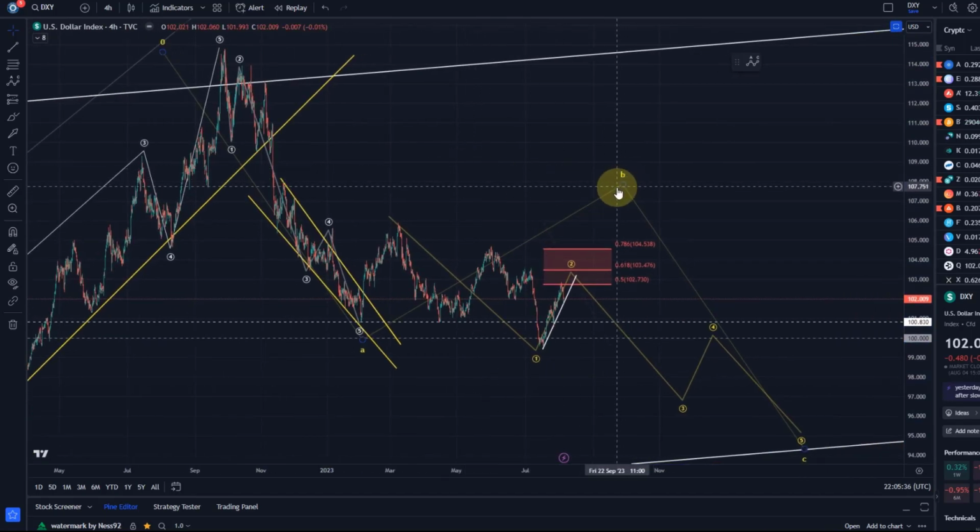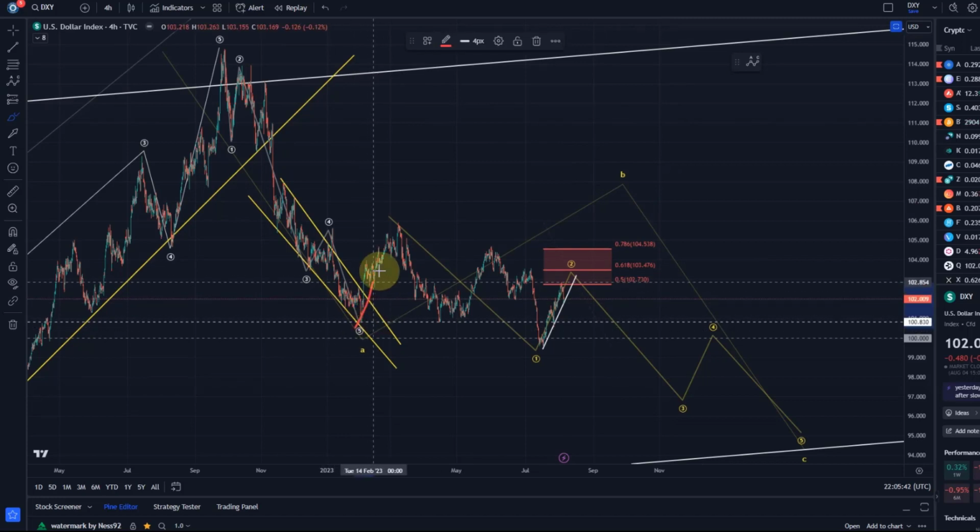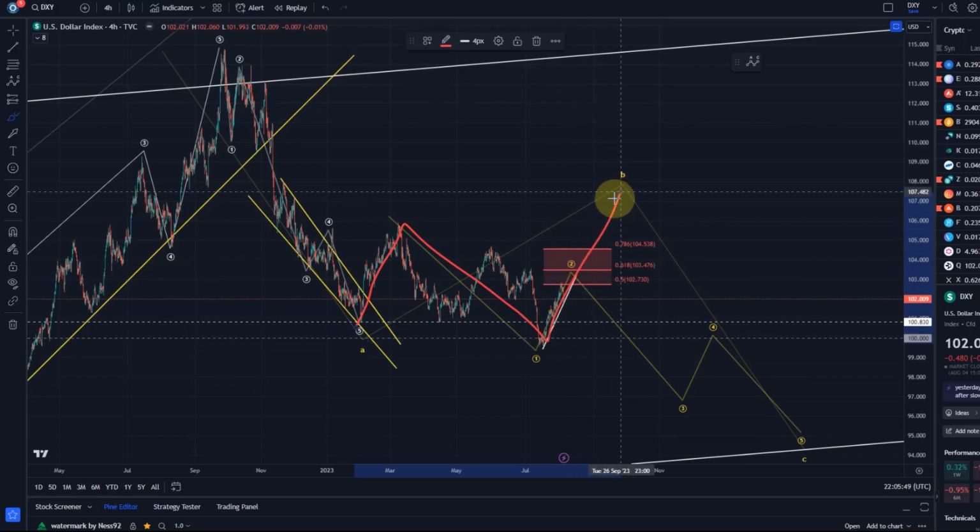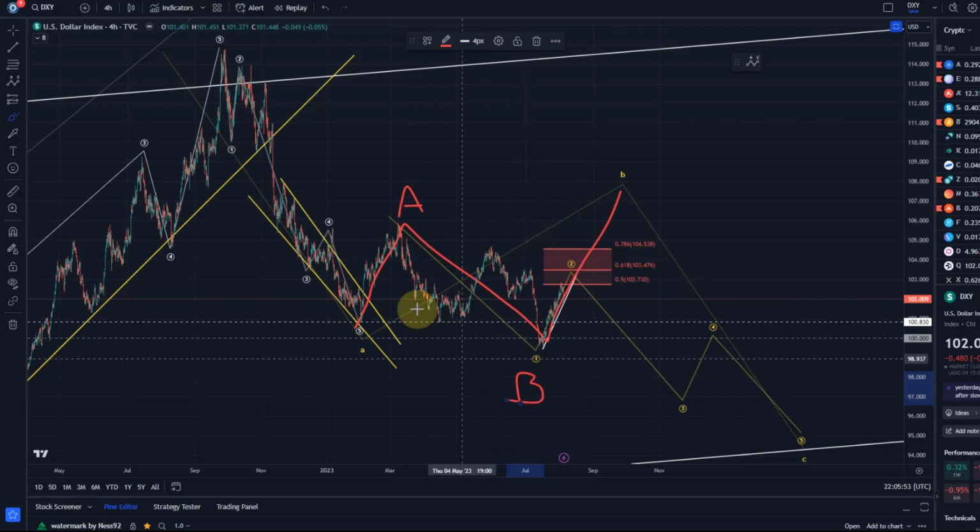In the second scenario, and that's also not unlikely, it's actually a fairly likely scenario, we're watching for a higher B wave in a flat structure. So that would assume that the actual B wave consists of an A wave, a B wave which did overshoot to the downside, and now a C wave higher. A wave, B wave, C wave. Let me think if that's correct. Yeah, that's at least one way of looking at it.